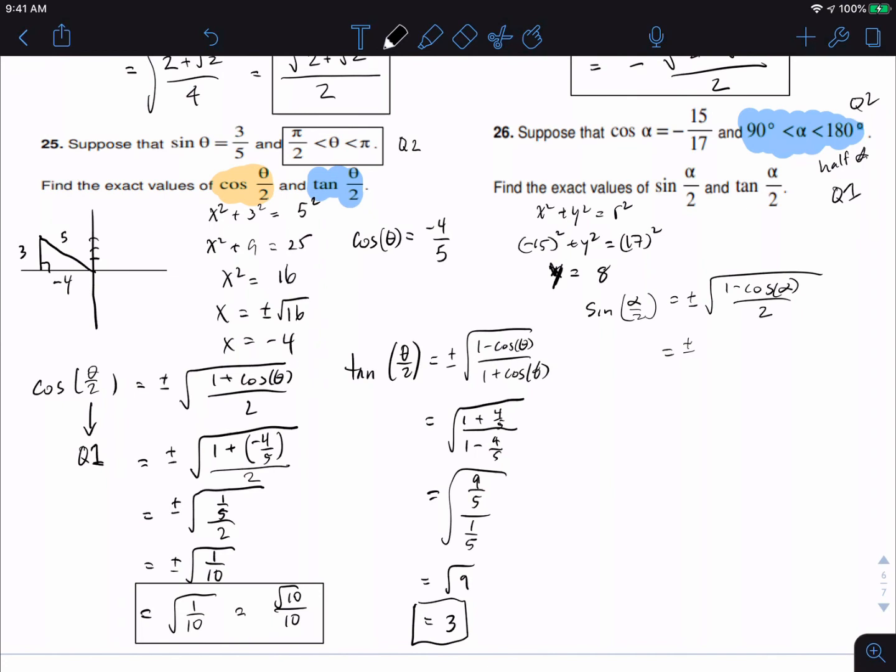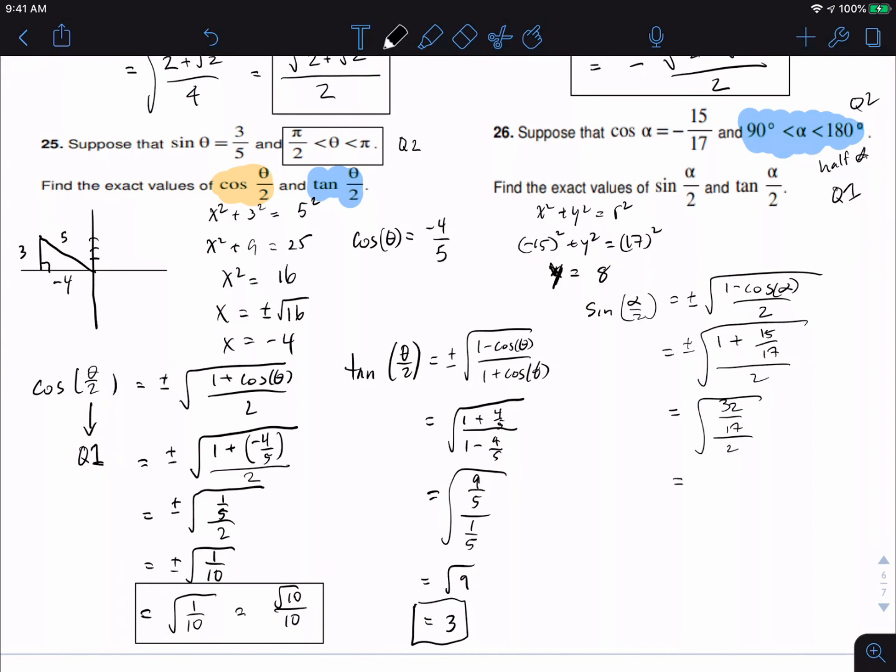So then we know that cosine is negative 15 over 17, so that's going to make it a plus. All of that divided by 2. And so we're going to get 32 over 17 divided by 2 rooted, and it's positive.